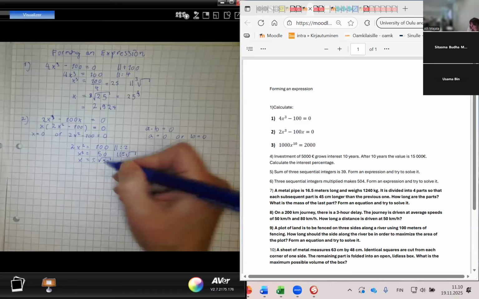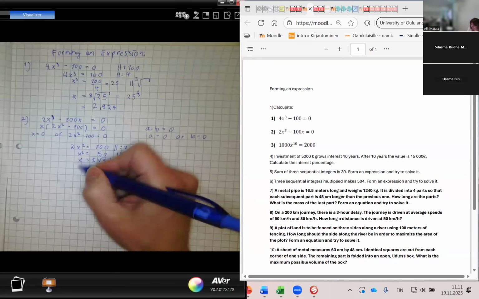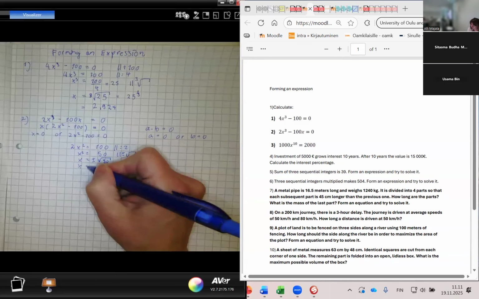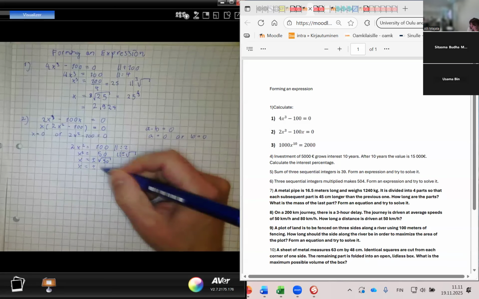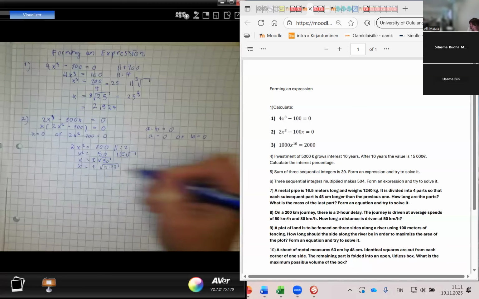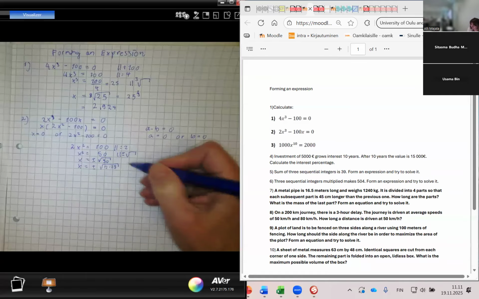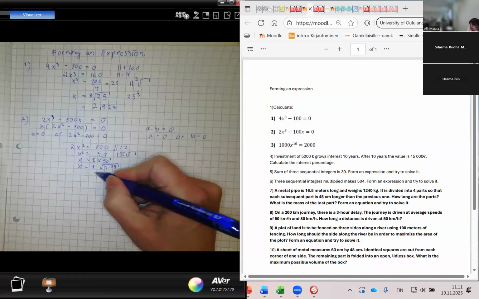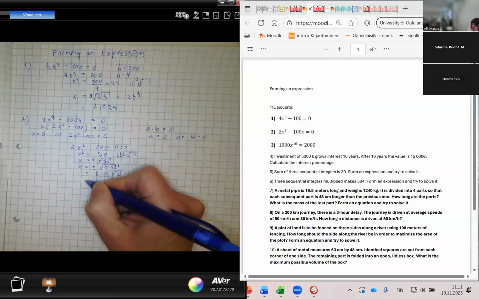Then I can start playing with this, or I can just take the answer straight. Plus minus, so this is 2 times 25, and 25 is 5 times 5, so I can do 5 square root 2.